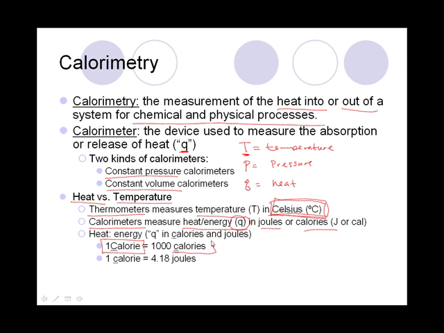Remember that they are not the same. 1 big C Calorie equals 1,000 little c calories, and 1 little c calorie equals 4.18 joules. So if I talk about 1 little c calorie and 1 joule, which one is bigger? I'm going to give you a second to think about it, and you are correct. 1 calorie is bigger than 1 joule.